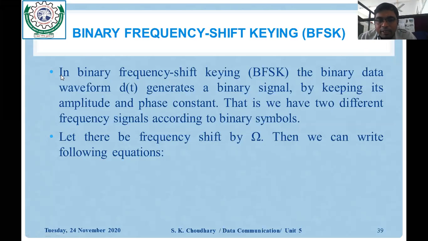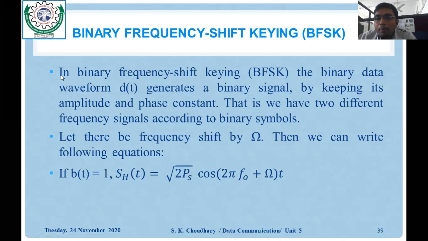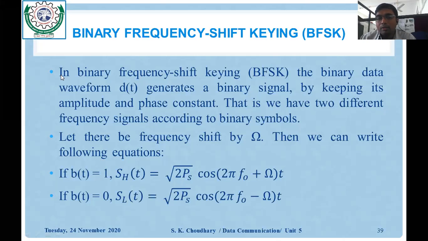Let there be a frequency shift by omega, and then we can write Vt as follows. SH, the signal for binary level 1, is the high level signal SHT equal to square root of 2 PS cos 2 pi f0 plus omega T. Here omega is not a phase shift, it is a frequency shift. Remember this.